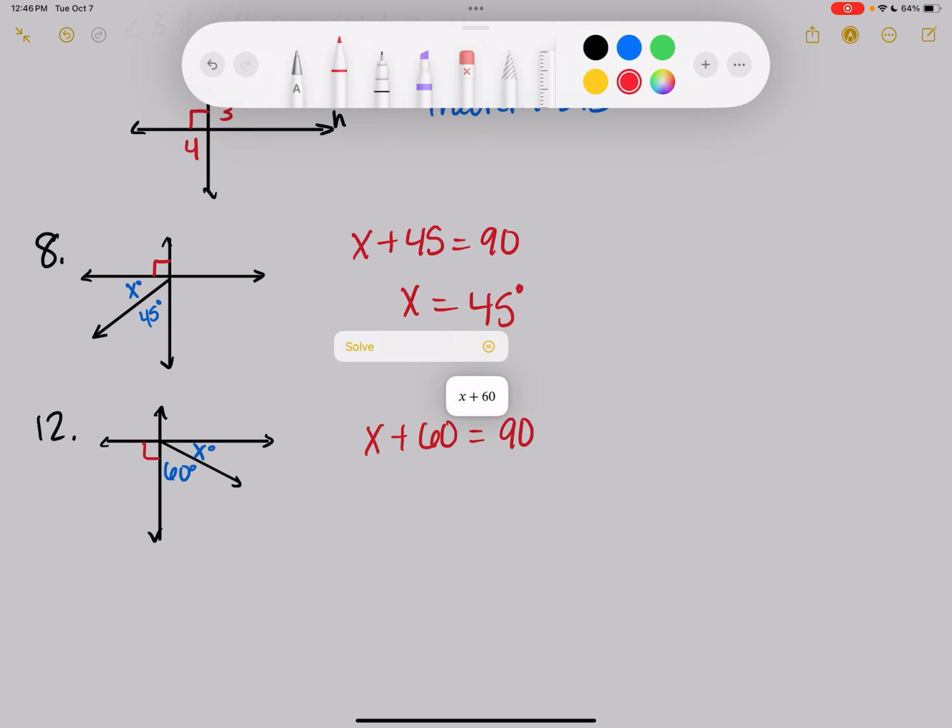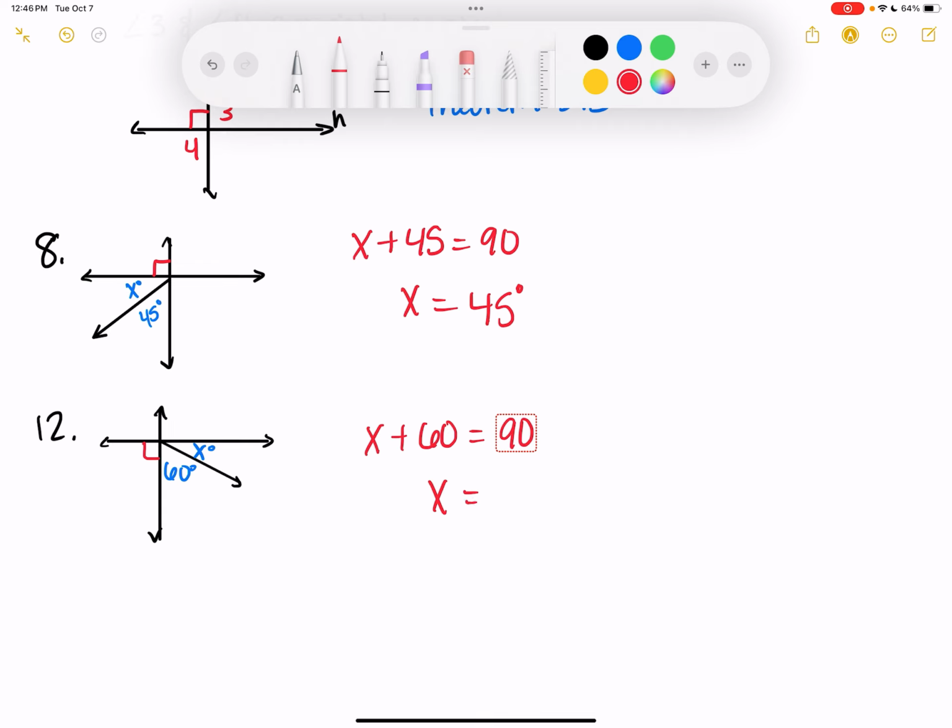Yep, x plus 60 equals 90. So x is equal to 30 degrees.